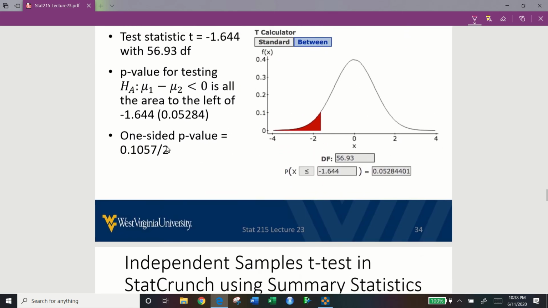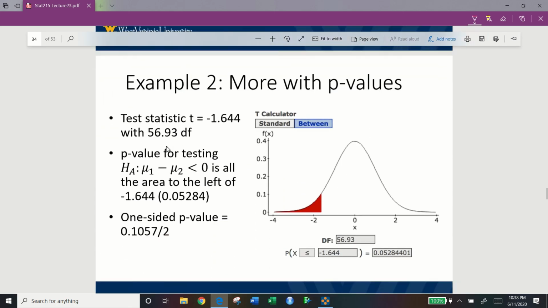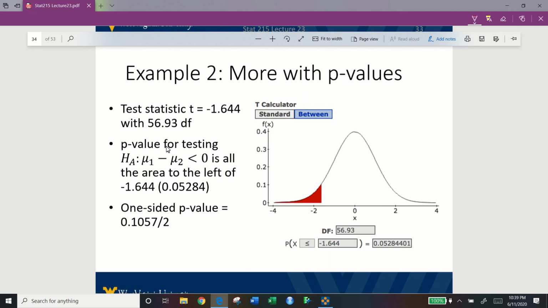Okay, let's go back to what we were looking at before. All right, finishing off our example 2 with more information with our p-values. So we do want to take a quick moment and make sure we understand how to calculate when we have various alternatives. So for example 2, our original alternative hypothesis was not equal to.